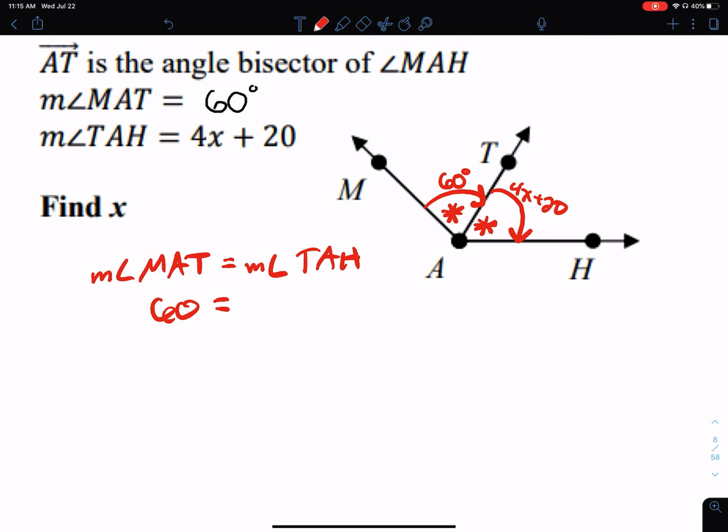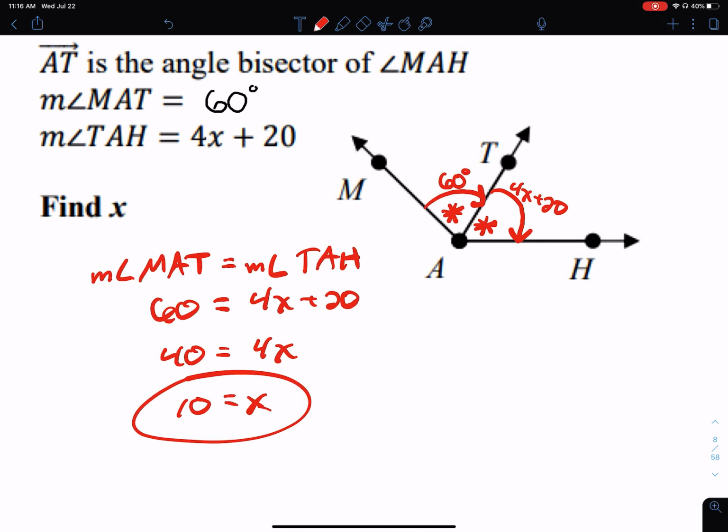And the measure of angle TAB is 4x plus 20. Now it's simple algebra. We're going to subtract 20 from both sides. We're going to divide both sides by 4, and we get x is 10. Once you know what x is, then focus on the question. Question, find the value of x. We've got it. It's 10. We move on.